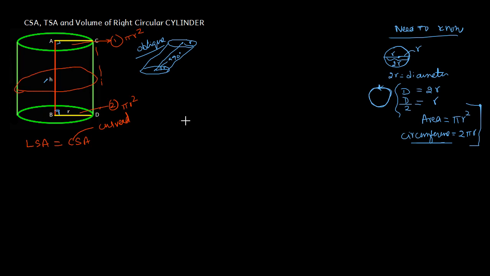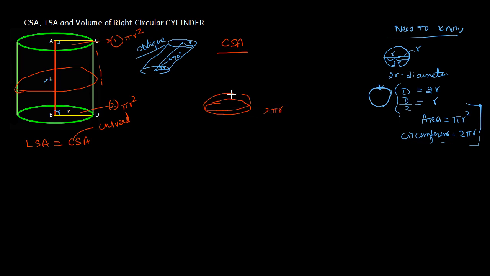So what do I need? Let's take a circle. It's only the outside, all I need is the circumference, which is 2 pi r.